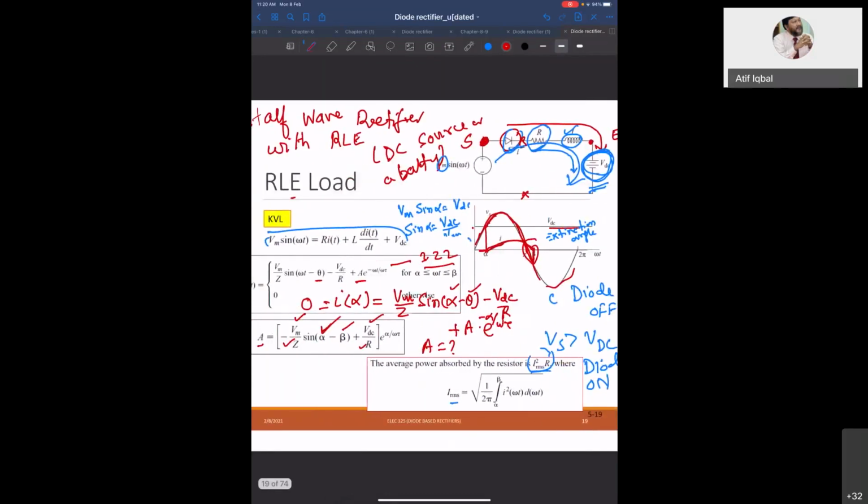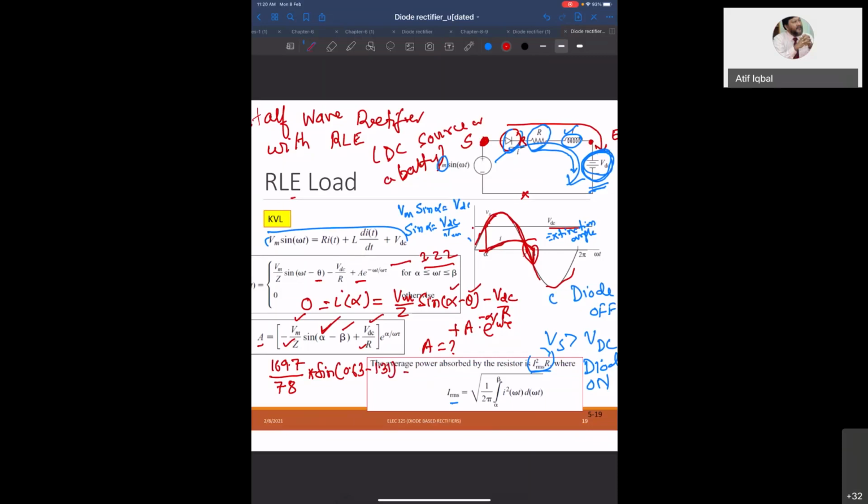And Vm is 169.7, divided by the impedance, which is 7.8, times sine of alpha. Alpha is 0.63 minus theta, which is 1.31, minus VDC.